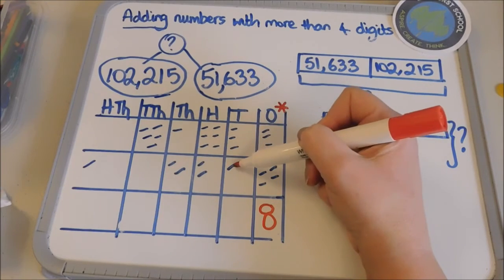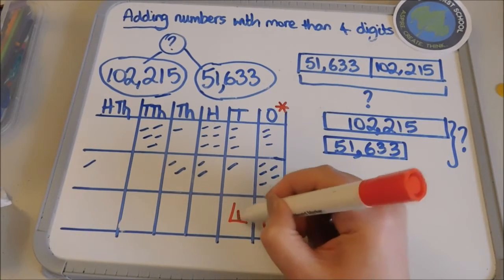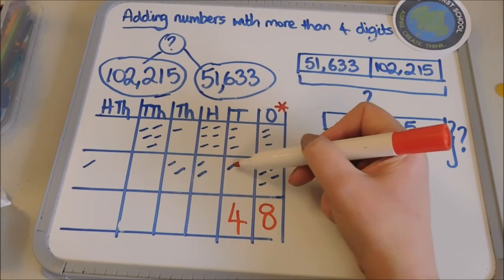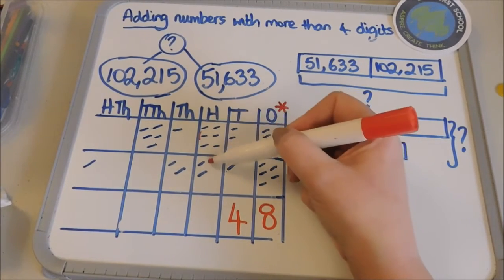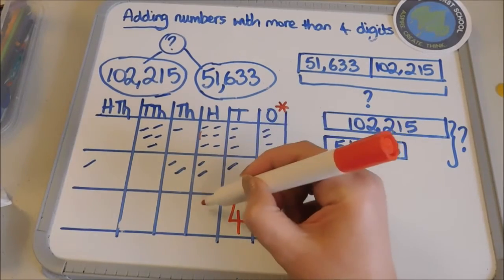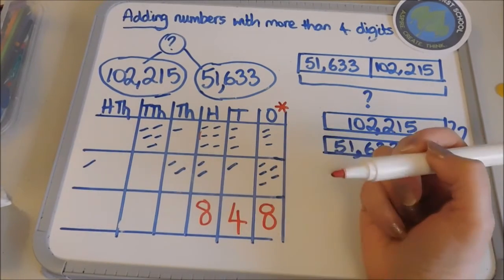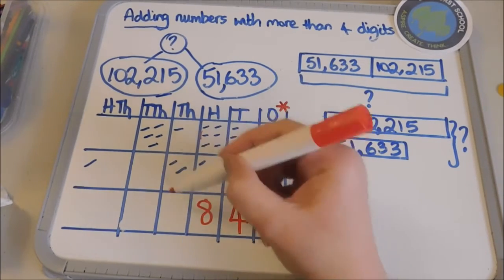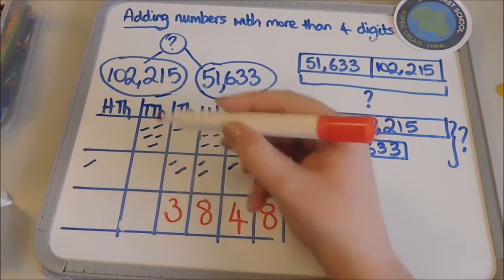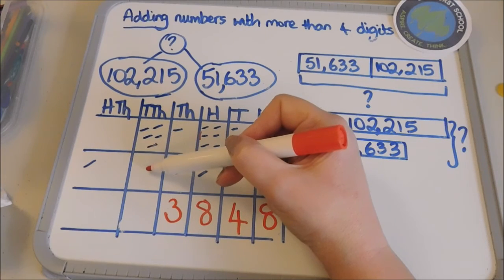3 add 1 is 4. And you can double check 1, 2, 3, 4. I've got 6 here. 6 add 2. 6, 7, 8. That's allowed in there. And then I've got 1 add 2. 1, 2, 3. 5 add what's here? Nothing.